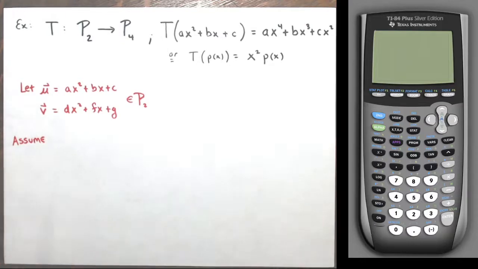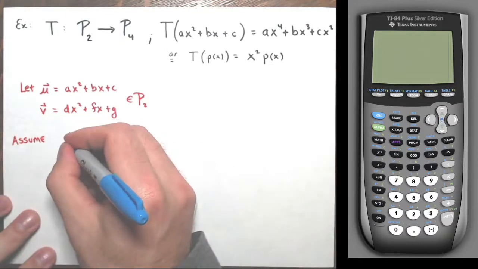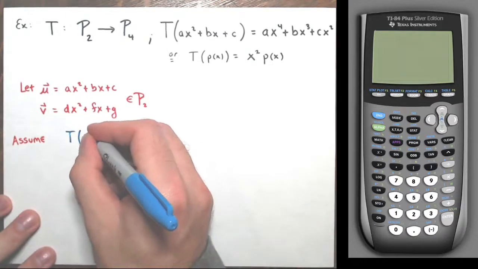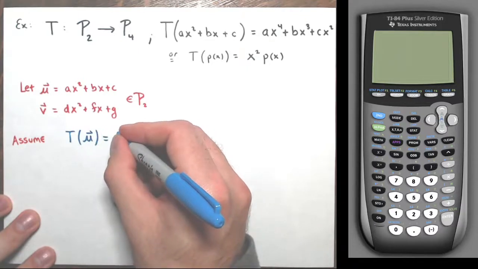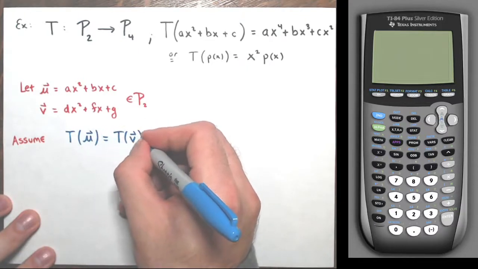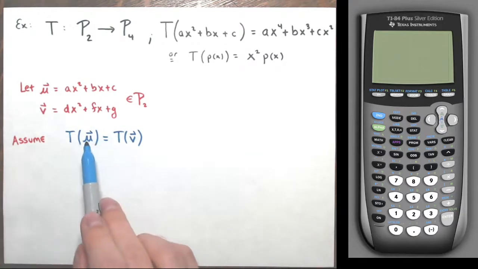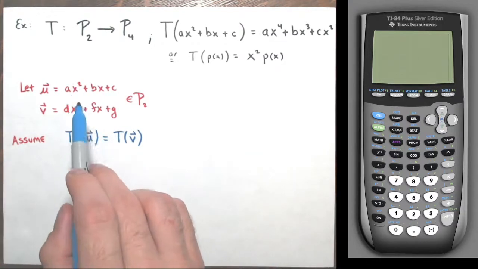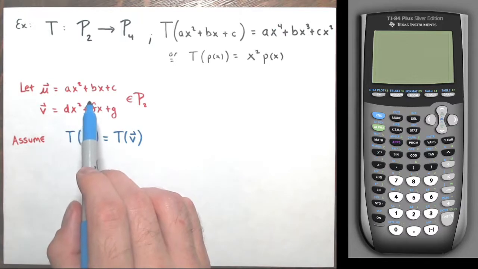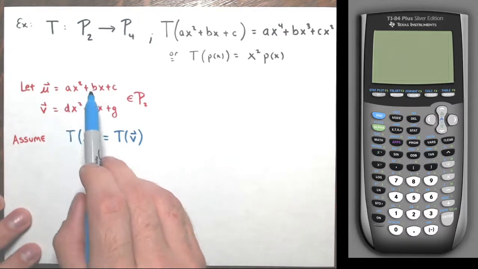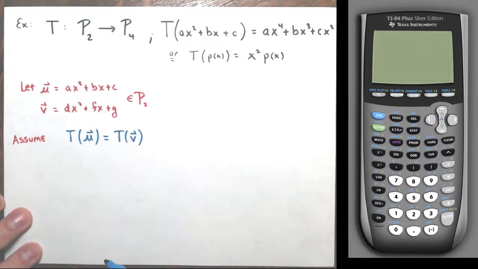We're going to assume that the image of u under T is equal to the image of v under T, and we're going to try to show that u and v must be the same polynomial. Now again, to show this, you'd have to show that a equals d, b equals f, and c equals g, as the only way polynomials are equal is if the coefficients of like terms are the same.